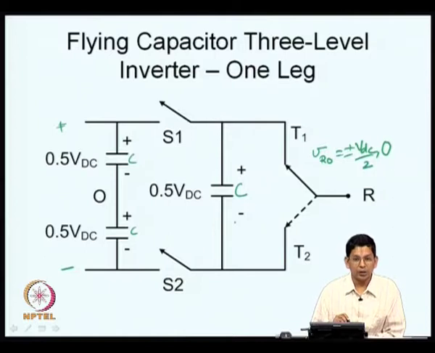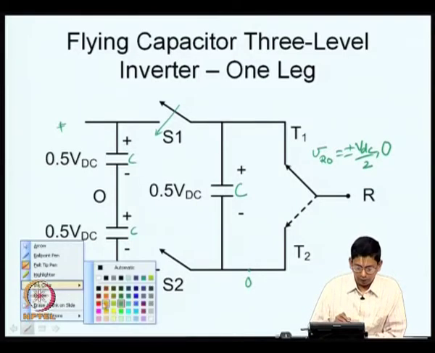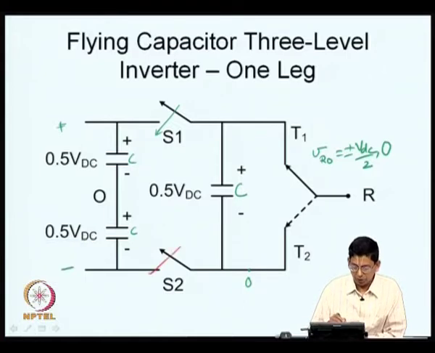So, what I can do is use a switch like this, S1, and close this switch. Then the potential at this point will be equal to 0 if this switch is closed. So, if this switch is closed, the potential here would be 0, and the potential there would be 0.